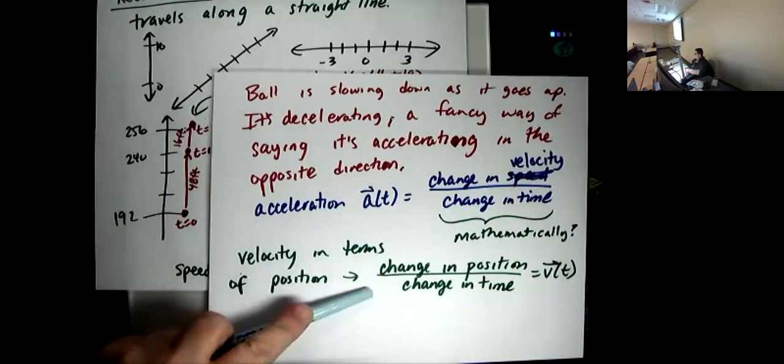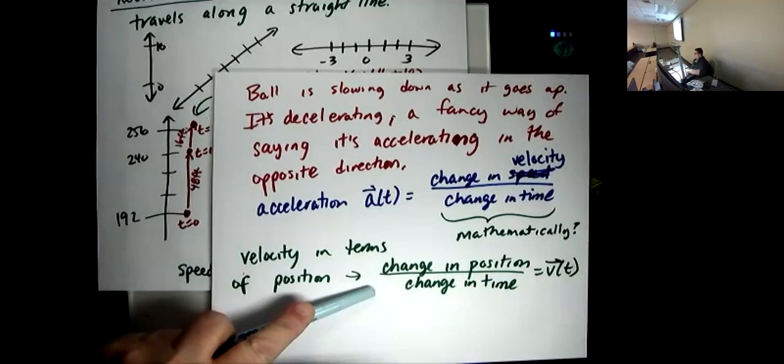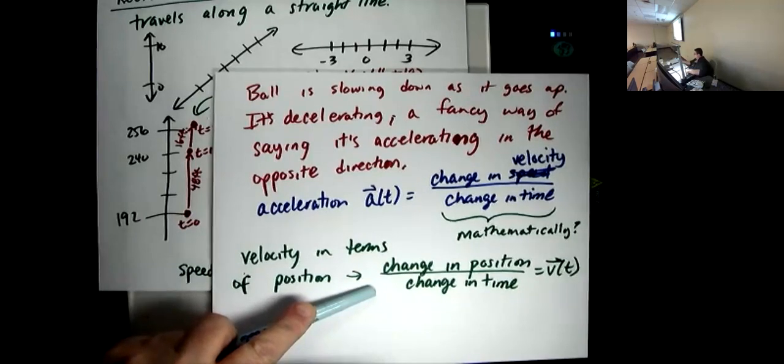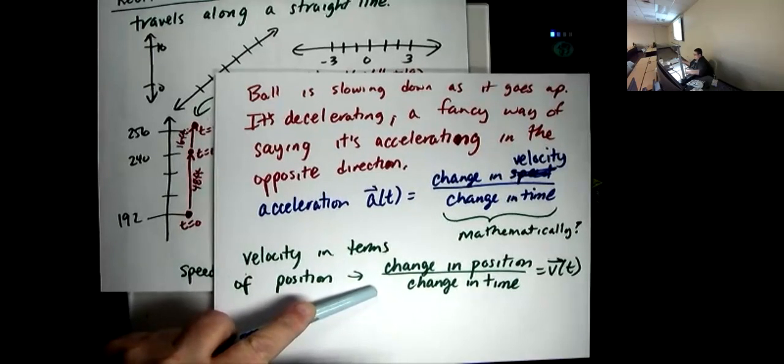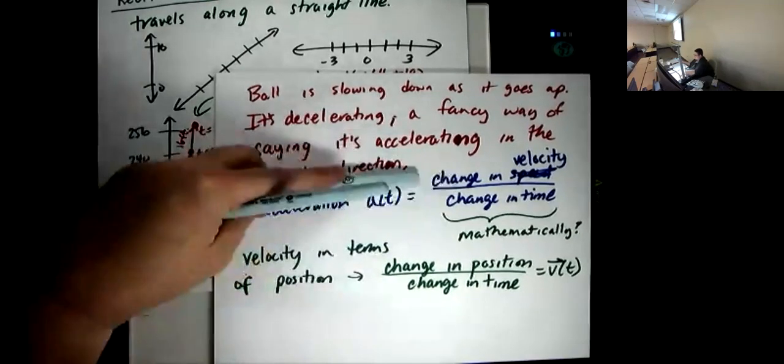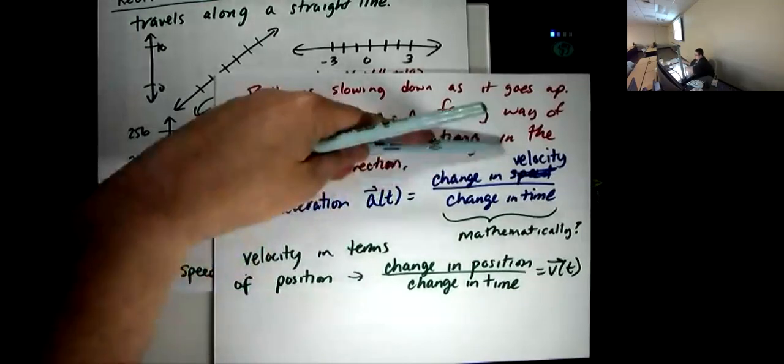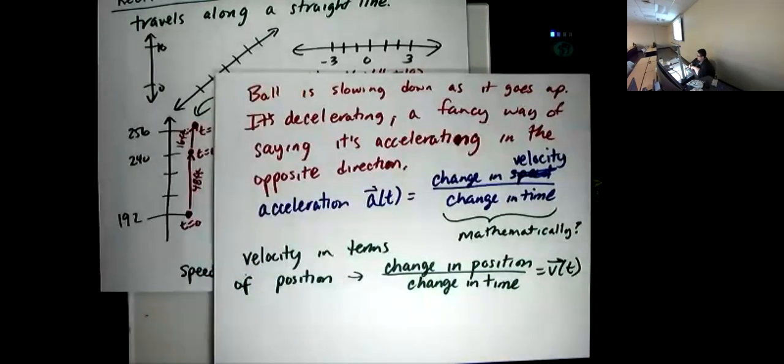That's the description of speed or velocity, right? It's how much you've moved your position or distance over time. This is the same thing. All I've done is really just change this word up here. How did velocity relate to position?